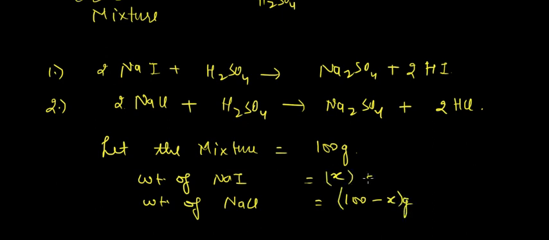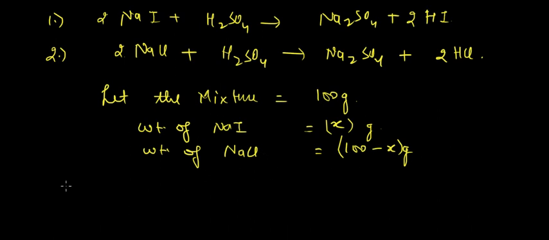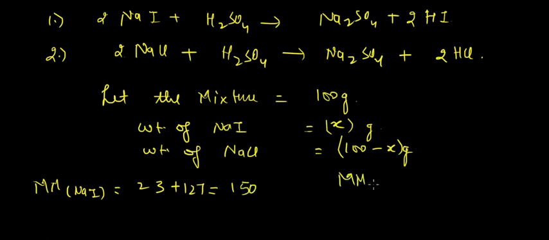The molar mass of NaI would be 23 plus 127, that will give us 150, and molar mass of NaCl would be 58.5. Obviously these are in gram per mole.